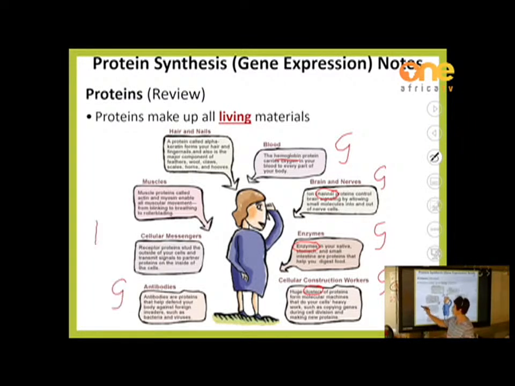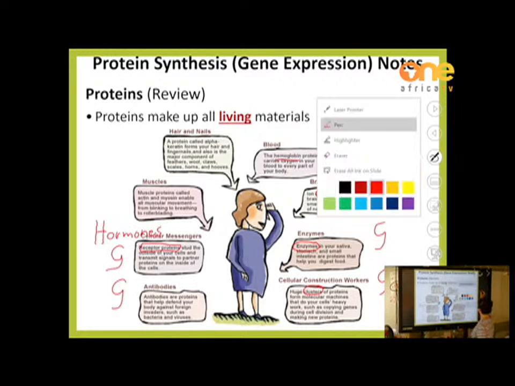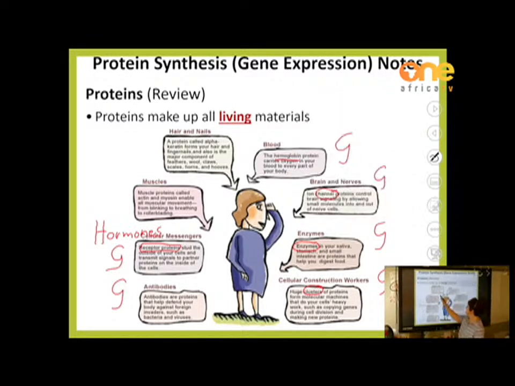The hormones and the receptor proteins outside the cell membrane, globular proteins. And then we have the fibrous proteins, the keratin in the hair and nails, and the hooves, feathers of other animals. And then the muscle proteins are also fibrous proteins.